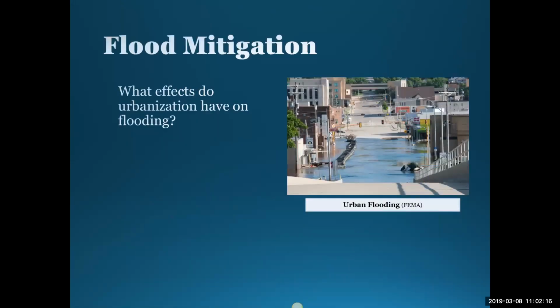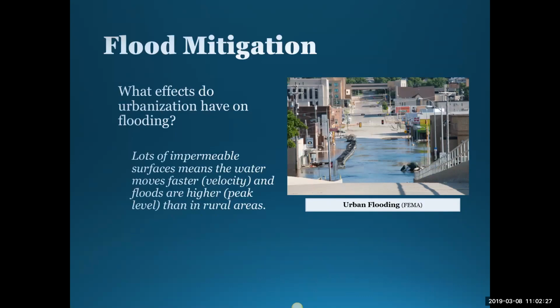Great comment. I'm glad you brought that up. On flood mitigation, we talked about what effects urbanization has on flooding. When there are a lot of impermeable surfaces and we get heavy rains, there's nowhere for the water to absorb.